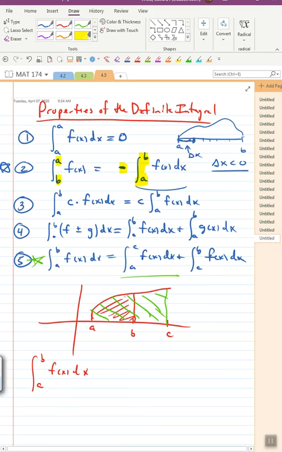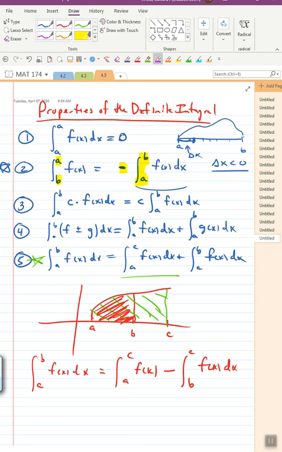And so if I wanted the red part, if I wanted this part, wouldn't I have to take the green part, which is the integral from A to C, and subtract the area that's between B and C? Which is, let's say, this part.